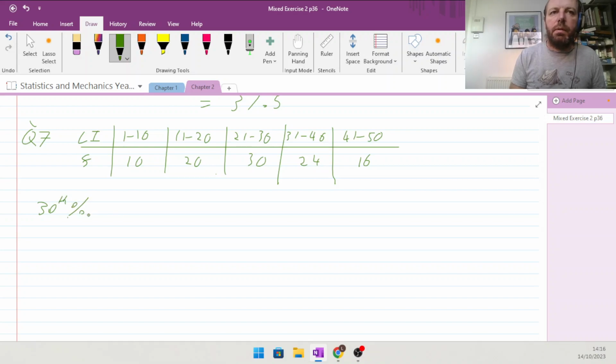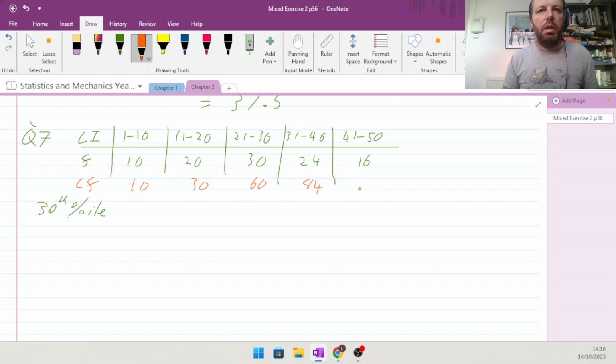Right, so first things first, let's have a look at the cumulative frequency of this. It's going to be 10, 30, 60, 84, 100. Okay, that makes it nice and easy.